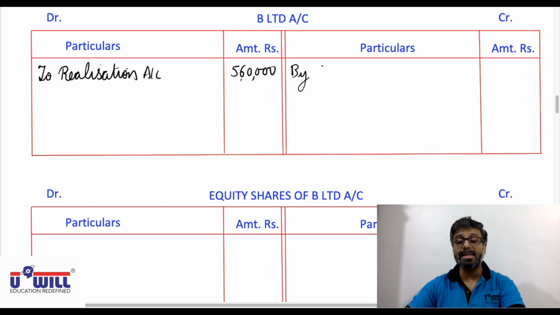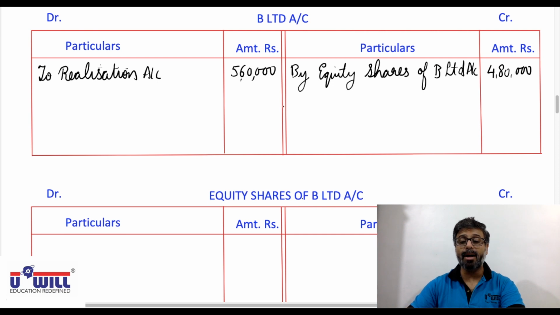How is this 5,60,000 received? By equity shares of B Limited account 4,80,000 and by cash and bank account 80,000.